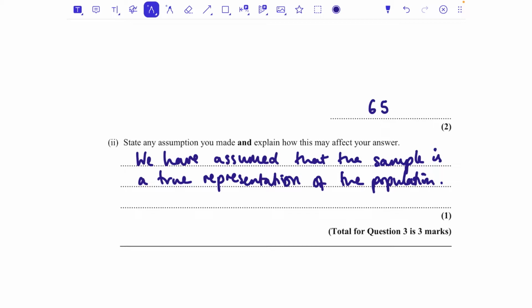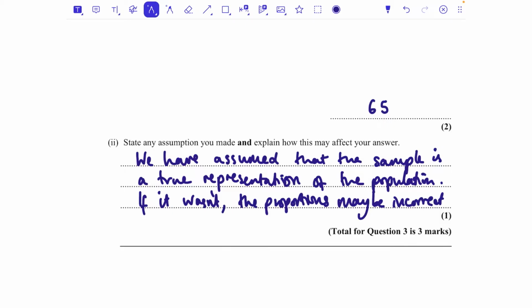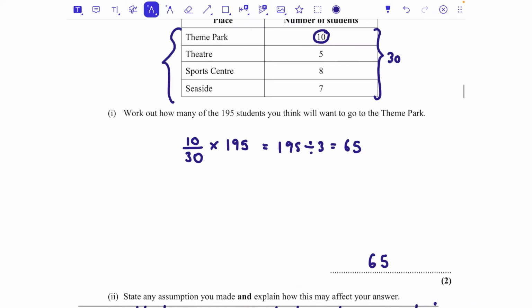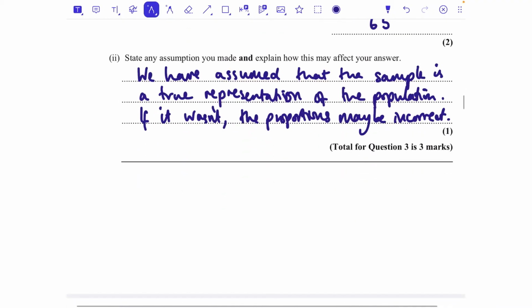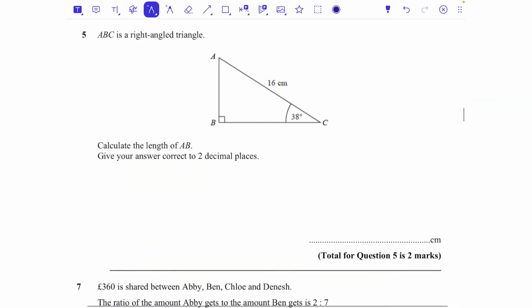Okay, we've assumed that the sample is a true representation of the population. If it wasn't, because it says we have to say if it wasn't, then the proportions may be incorrect. So it might be that one of them might be more popular if you asked older students or what have you. Fabulous. Question number 5.